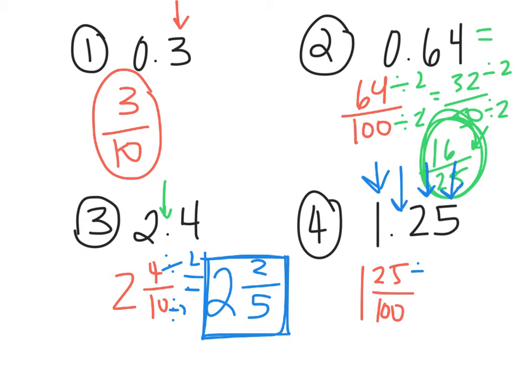Need to simplify this. If you're thinking big picture, you could simplify this by dividing by 25. If not, you can always use your simp key on your calculator. You could have divided by 5 as well, and then you would have just needed to divide by 5 again. 25 divided by 5 is 1, 100 divided by 25 is 4. So 1 1/4 would be your final answer for number 4.